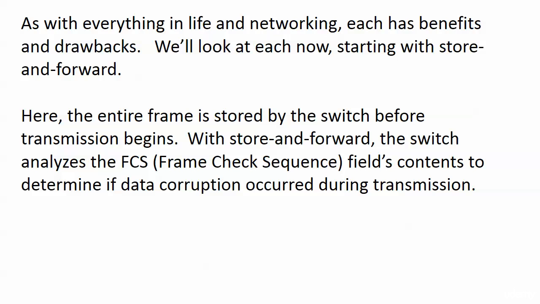And it sounds exactly like what you would think any frame processing method would do. Because first, the entire frame is stored by the switch before transmission or forwarding begins. And you think, okay, well, that makes sense. I would expect that. Well, also with store and forward, the switch analyzes that frame check sequence field, the FCS field, to see if any data corruption occurred while the frame was being transmitted.